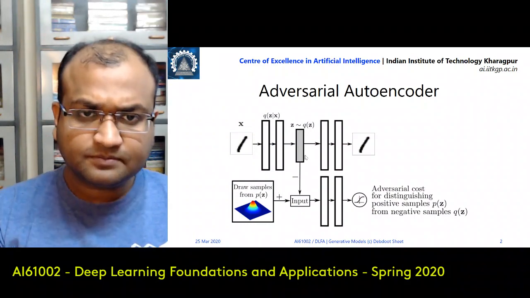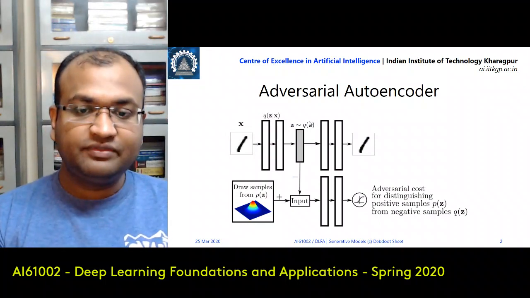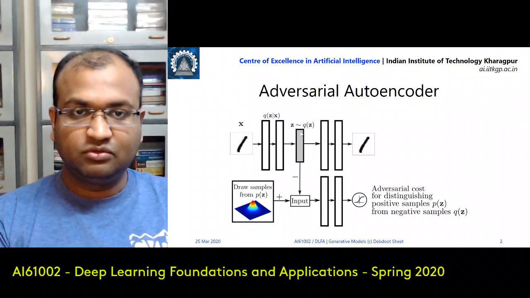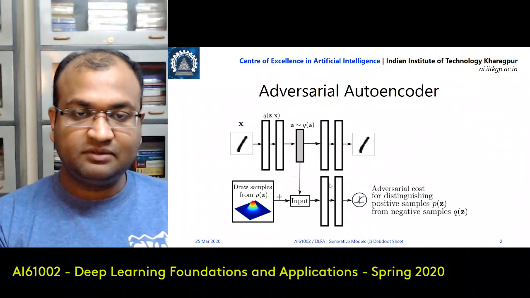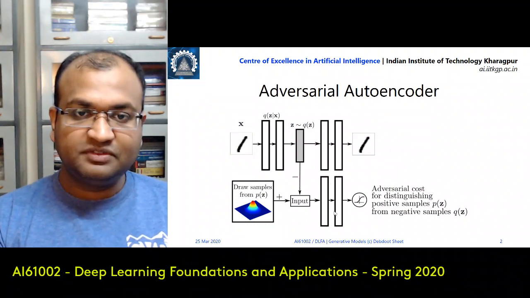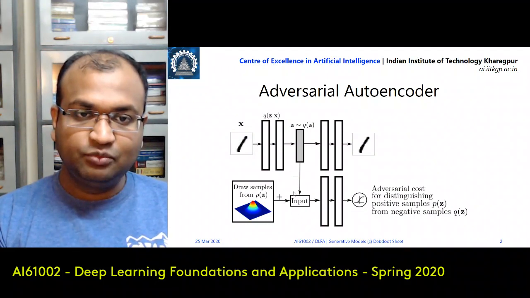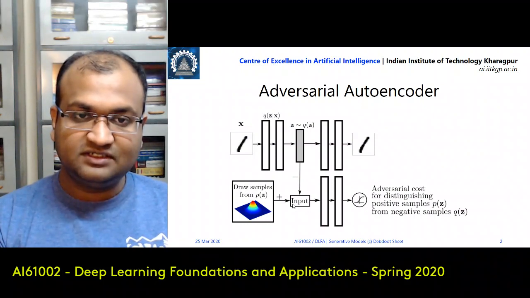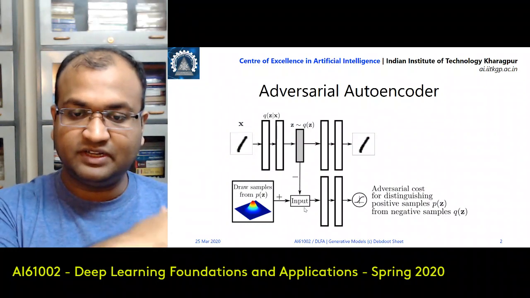Now the point is, I don't have a direct way of imposing that on QZ. So we take hold of this neural network over here, called a discriminator, and the job of this discriminator is to make that happen. But how we do it is through an indirect step. We have an input block which has a flipper kind of arrangement.